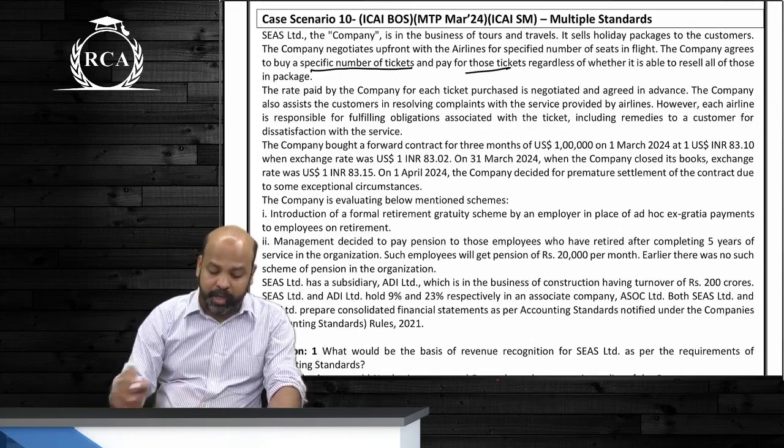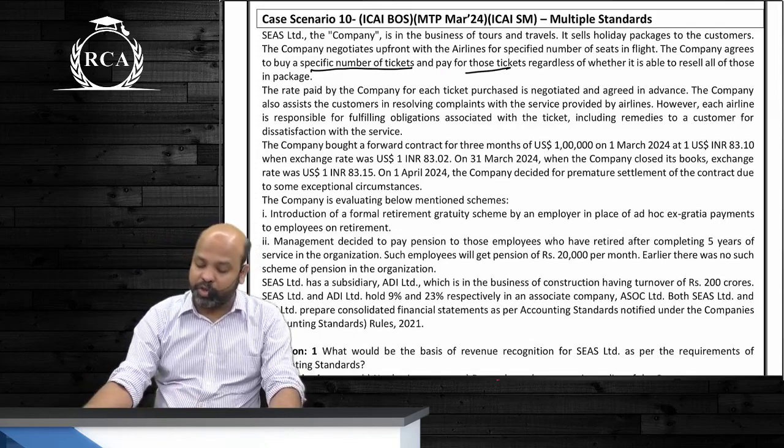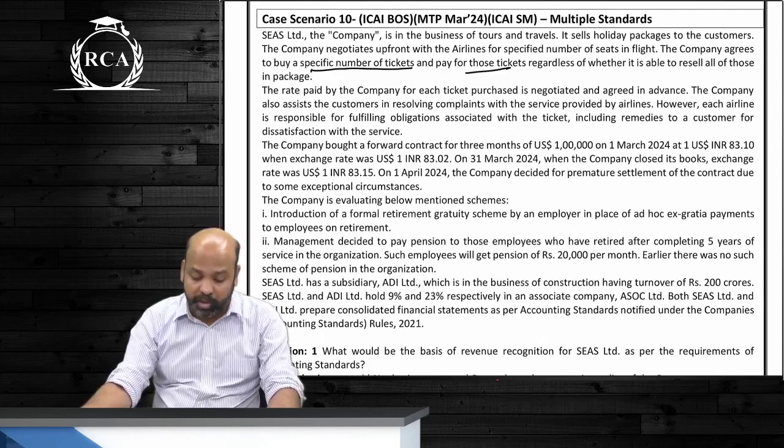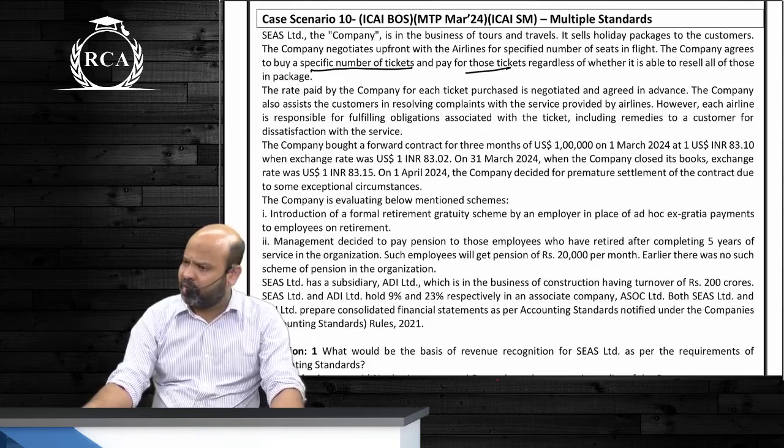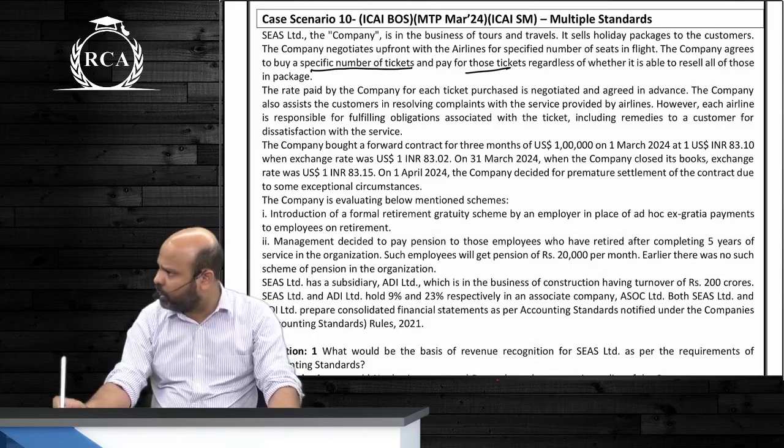Excellent. The rate paid by the company for each ticket purchase is negotiated and agreed in advance. The company also assists the customers in resolving complaints with the service provided by airlines. However, each airline is responsible for fulfilling obligations associated with the ticket, including remedies to a customer for dissatisfaction with the service. That will remain anyway, beta. Are you clear?